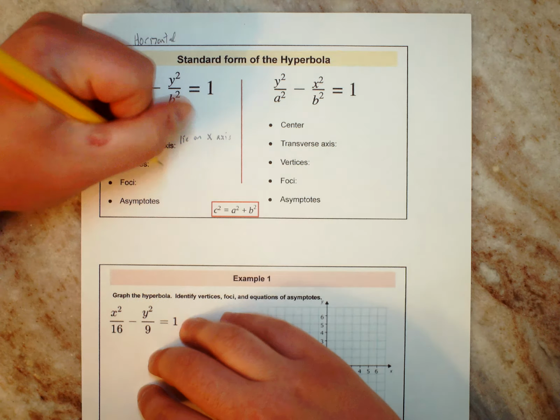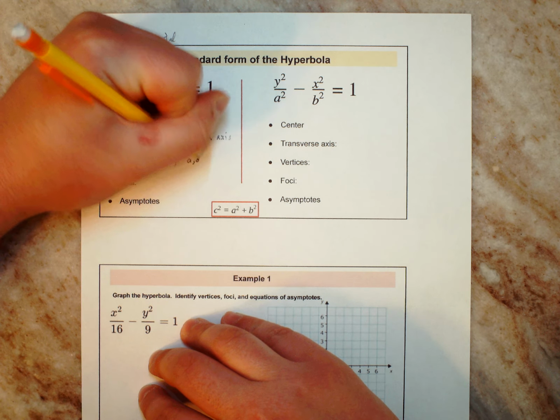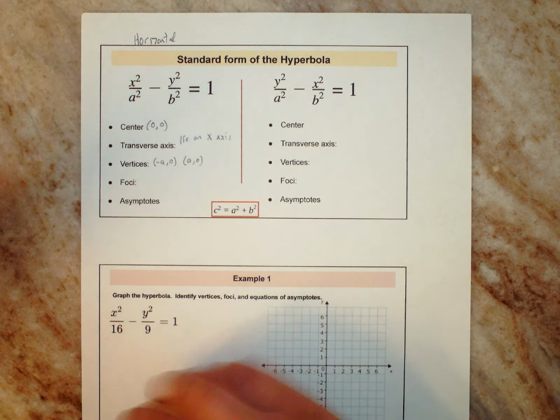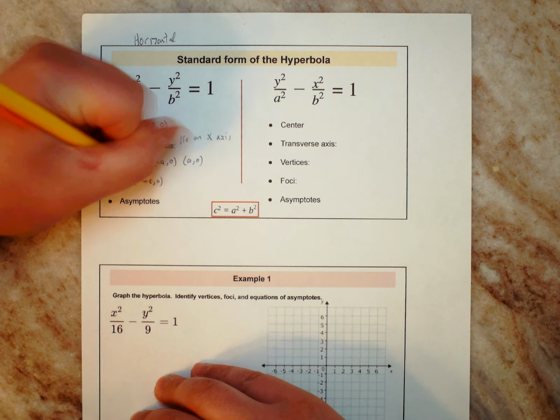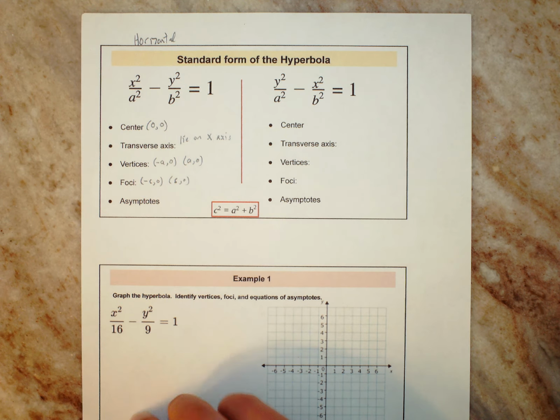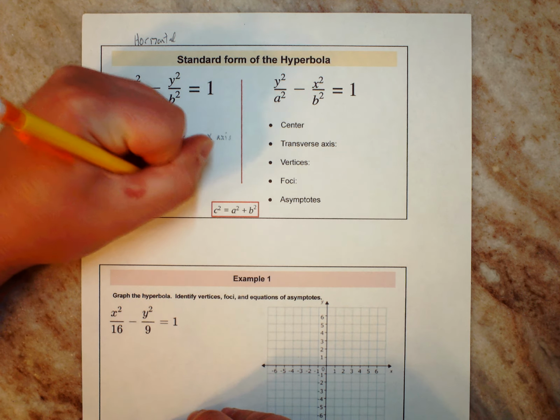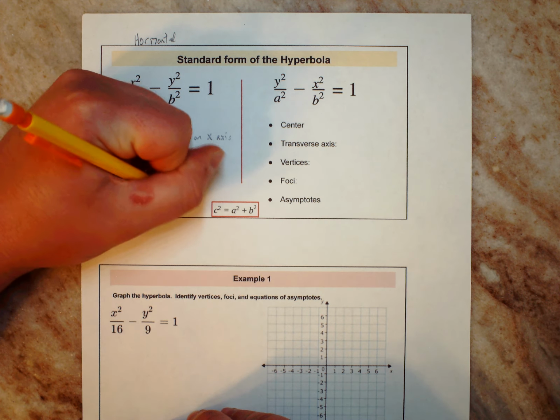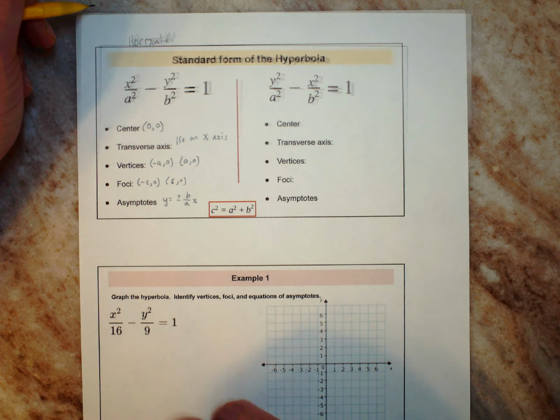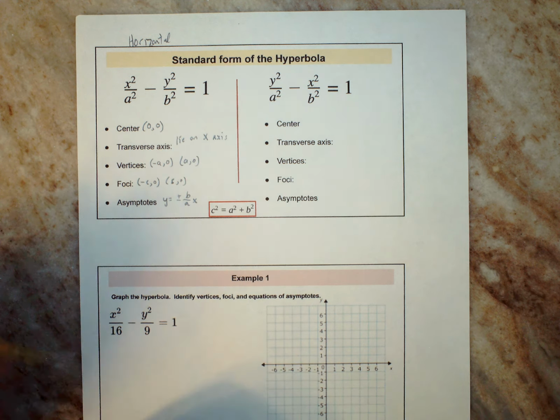Our vertices are going to be negative a, 0, and a, 0. Our foci are going to be negative c, 0, and c, 0. And our asymptote equation is going to be y equals plus or minus b over a x. It's just a simple rise over run. So that is for horizontal. Leave it there so you can pause it if you need.